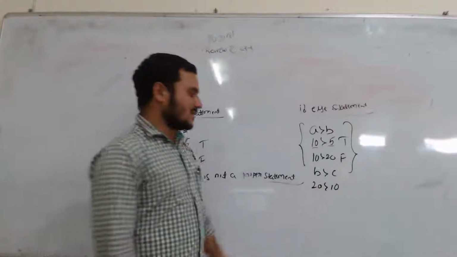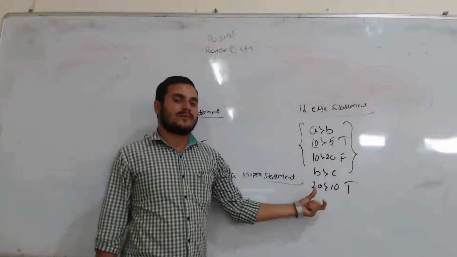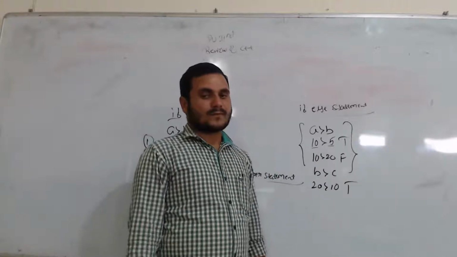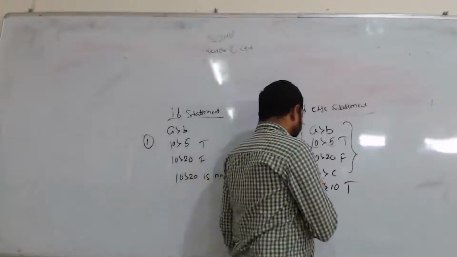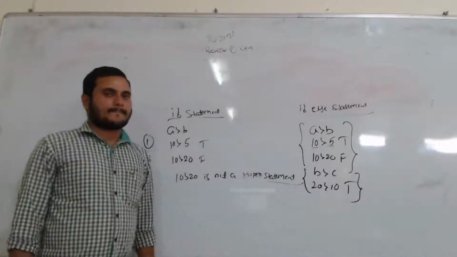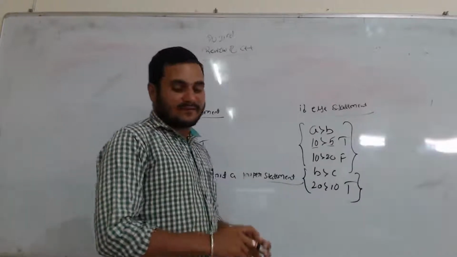Yes, of course, this condition is true. Then it will execute this statement. The block of the statement will be executed. Understand? So this is the difference between the if statement and the if else statement.